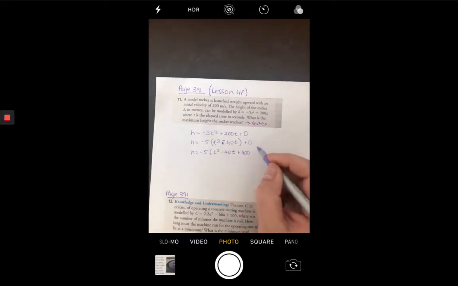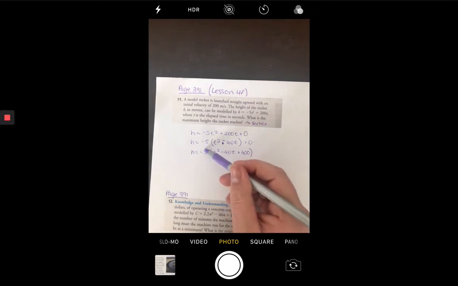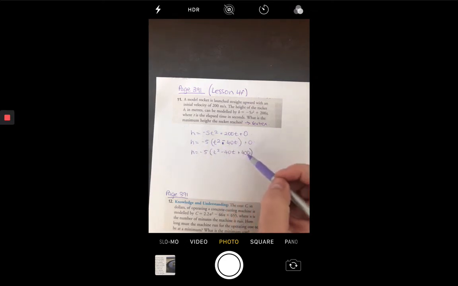What we do to the inside of the brackets, we also have to do to the outside. However, on the outside, we have our negative 5 here, so we have to multiply by the opposite. So 400 inside, we're going to be minus 400 outside, but we're going to times it by negative 5.